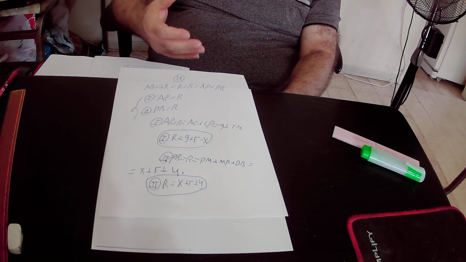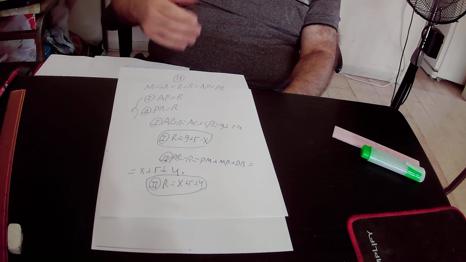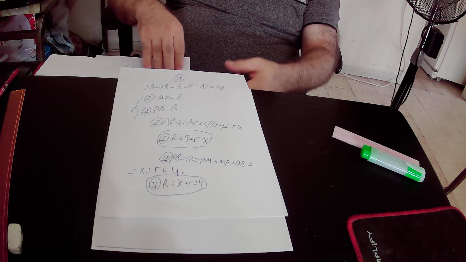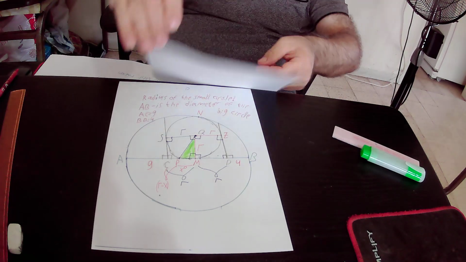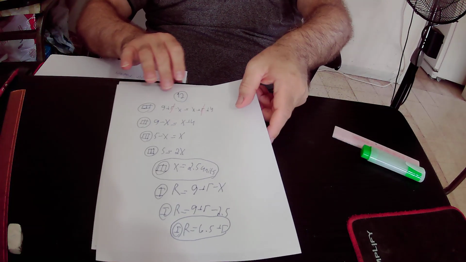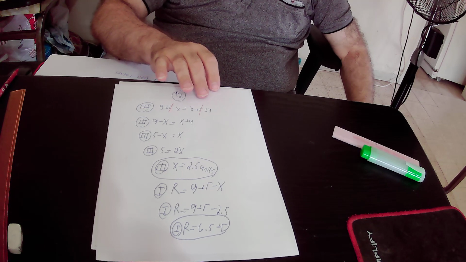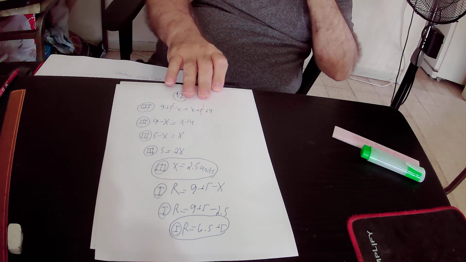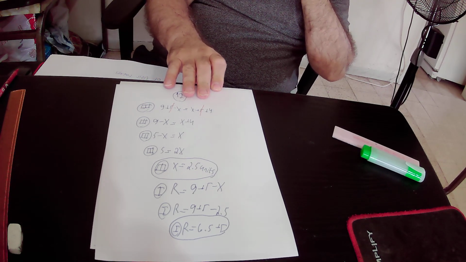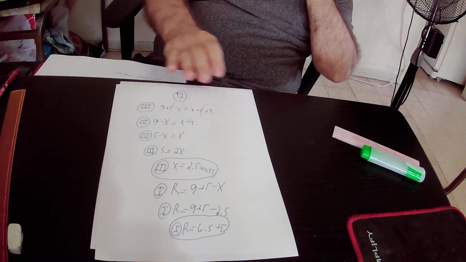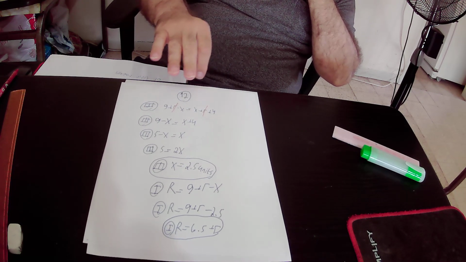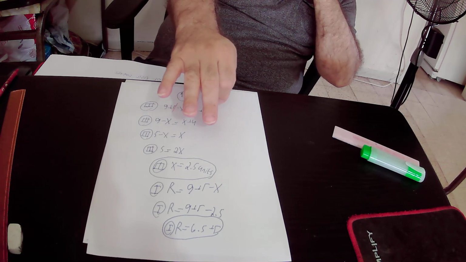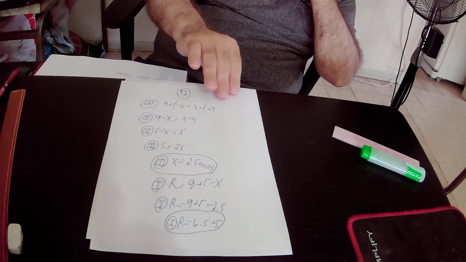Of course they are equal to each other, so we created equation number 3 that states that the radius of the big circle according to equation number 1 equals the radius of the big circle according to equation number 2, or capital R equals capital R. From equation number 3 we got that X equals 2.5 units.